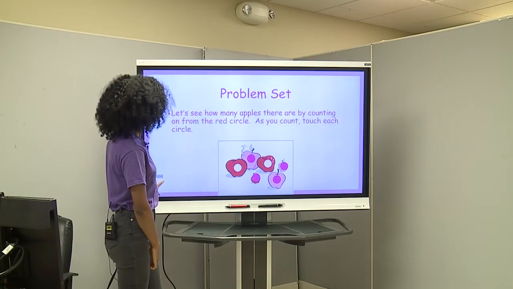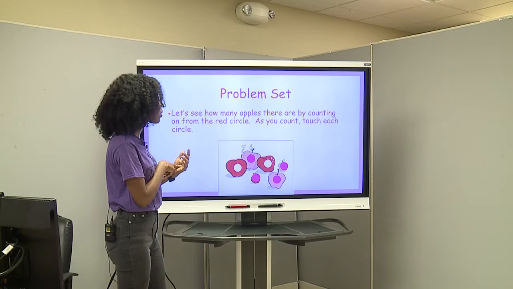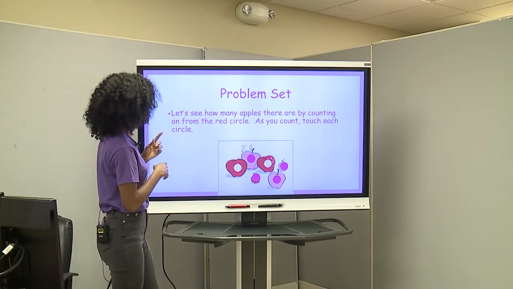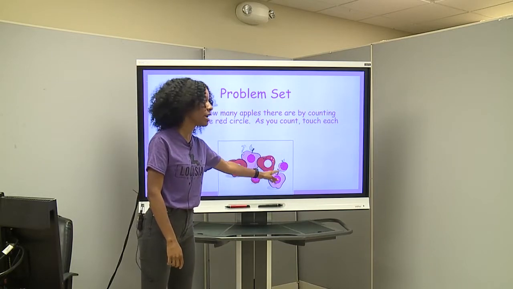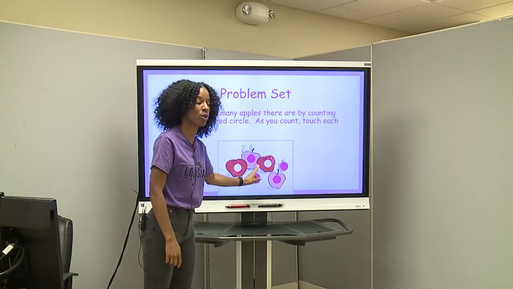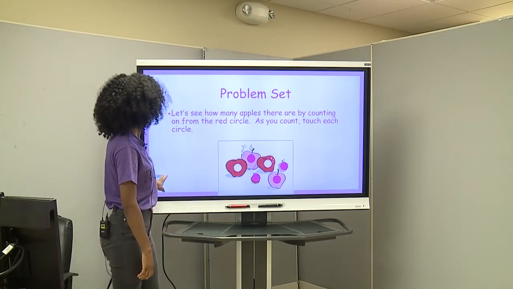Now, let's see how many apples there are by counting on from the red circle. And as you count, you're going to touch each circle. So we started out with 4. This is counting on 4 with the red circle. 5 and 6. Okay?